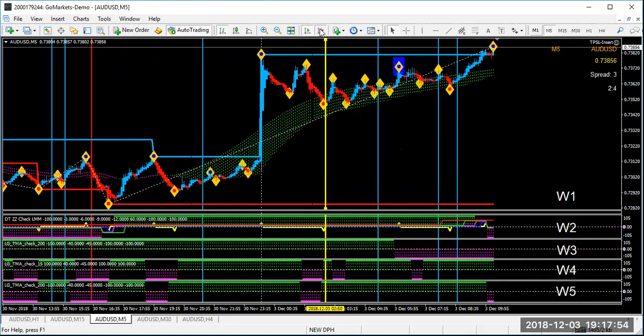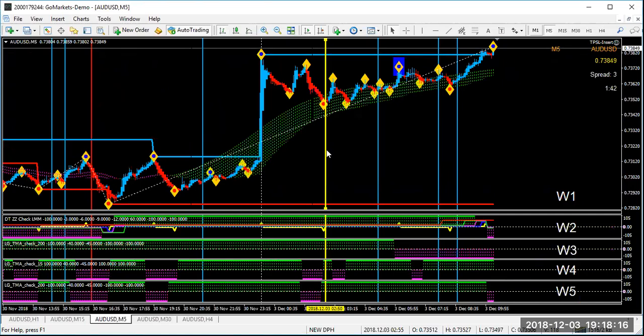And the diamonds that you must exit on are any diamond with a dot. If you're in a buy and you get a diamond with a blue dot, it's generally a good time to not think about it, close the trade. If it goes up a few pips more, so what?